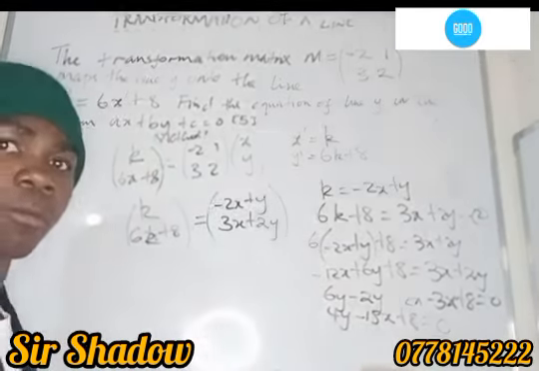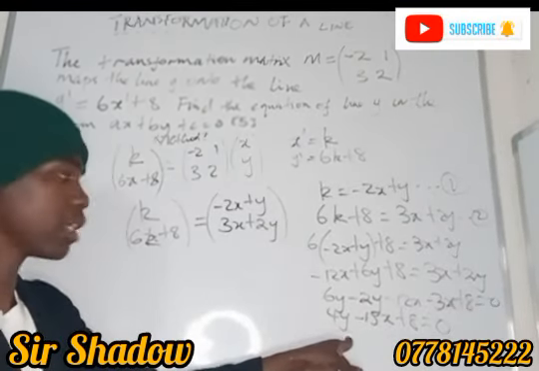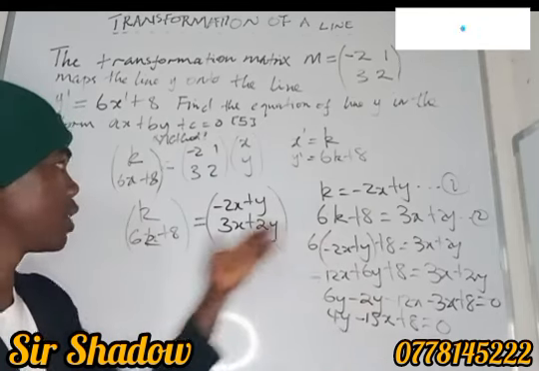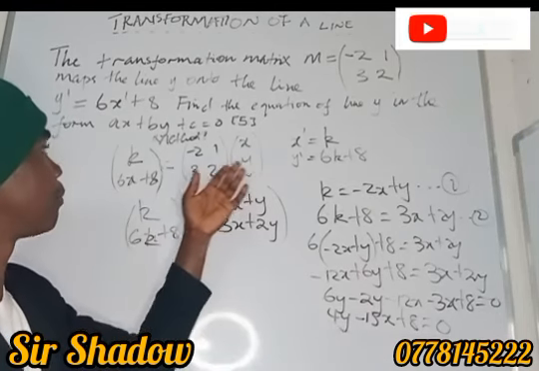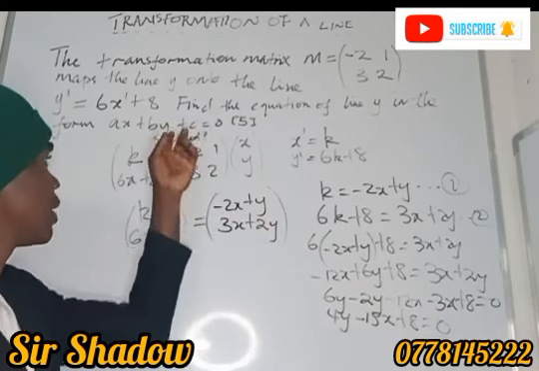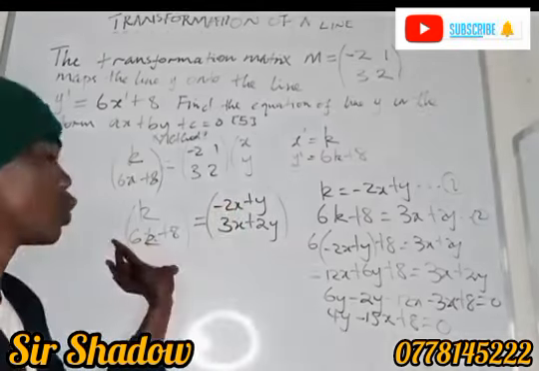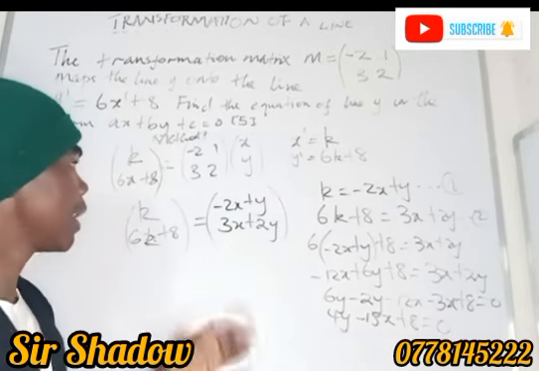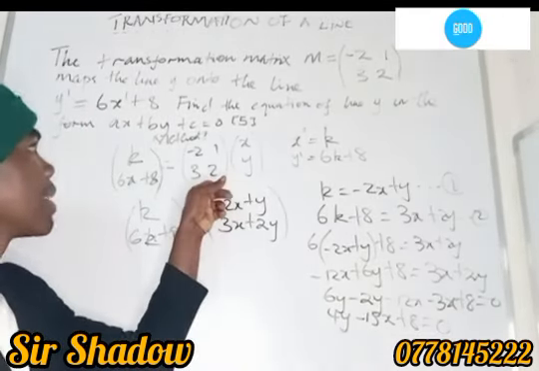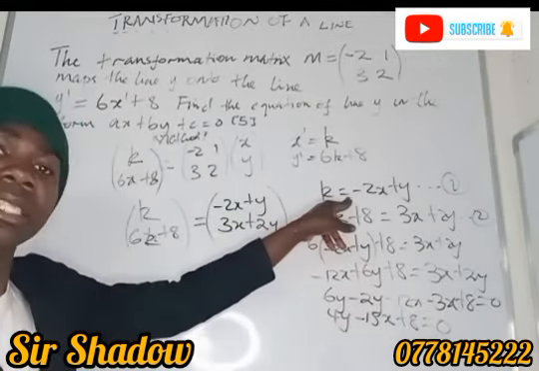So let's now move on to method number 2. This is method number 1. We have to use this method by just letting x prime be equal to k and substituting here in order to find y prime. Then after finding y prime, we substitute where there is x prime and y prime. Then we multiply matrix M by x and y, then equate. After equating, we make k the subject of the formula.